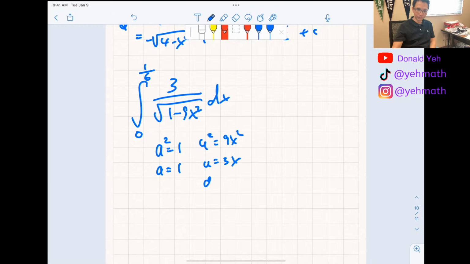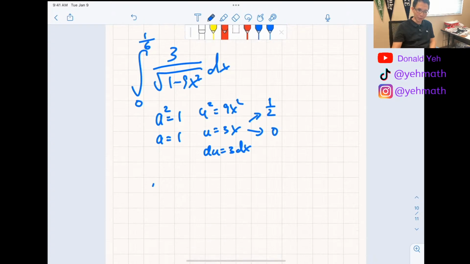Oh, no, again. Okay, so pay attention here. The boundary needs to switch, right? Do you switch the boundary? You don't have to, but I switch the boundary to 1/2 and 0. This one is going to be du over square root of a squared minus u squared, from 1/2 to 0.